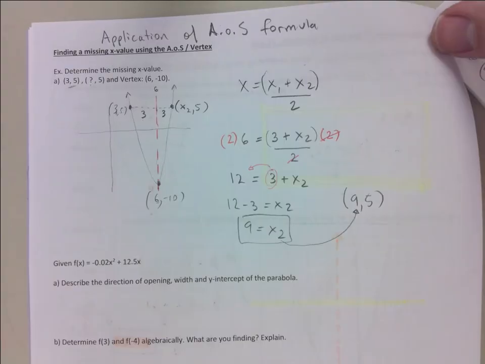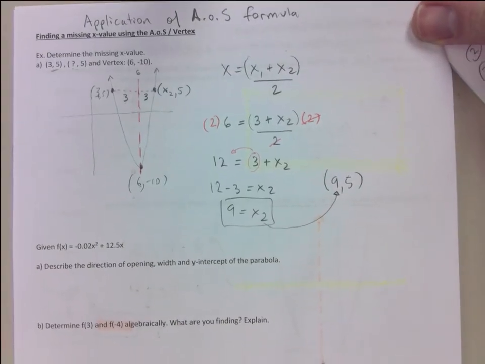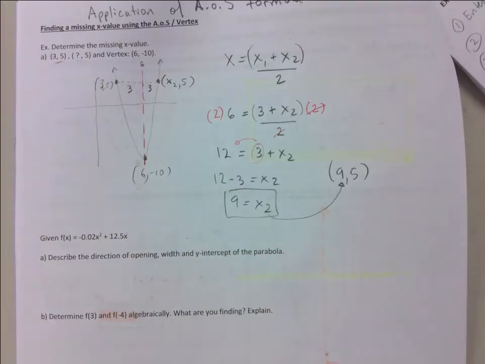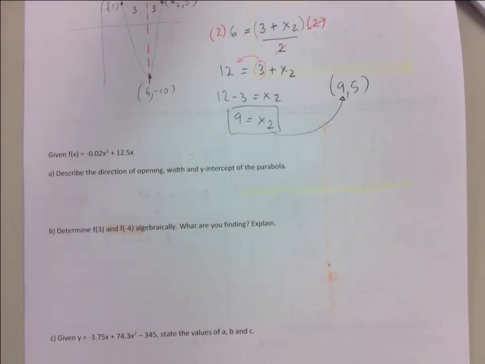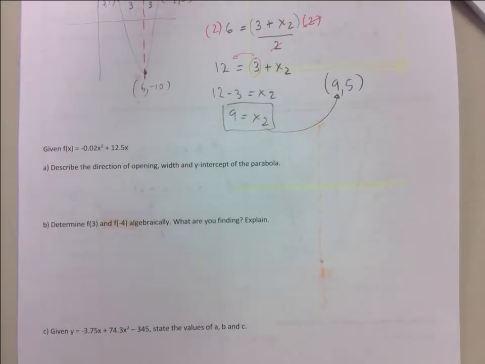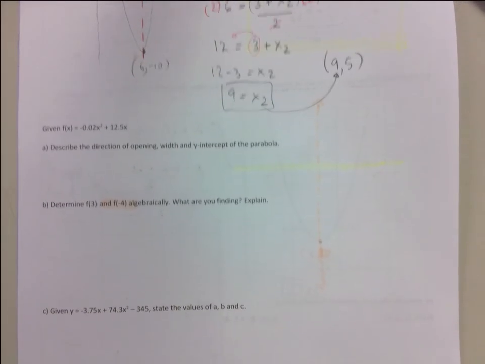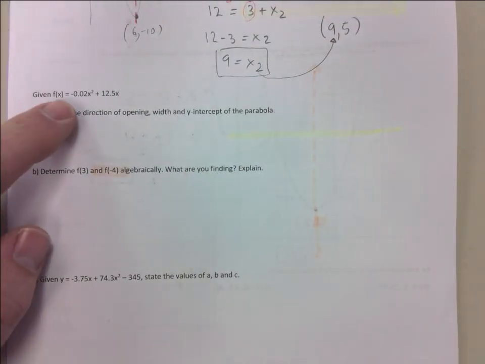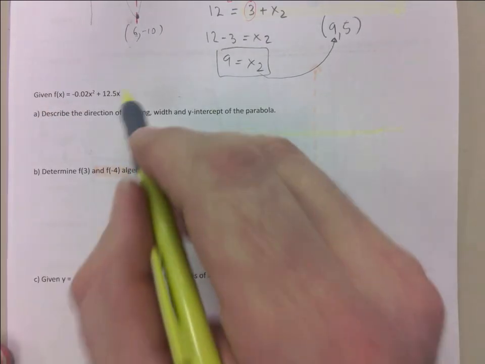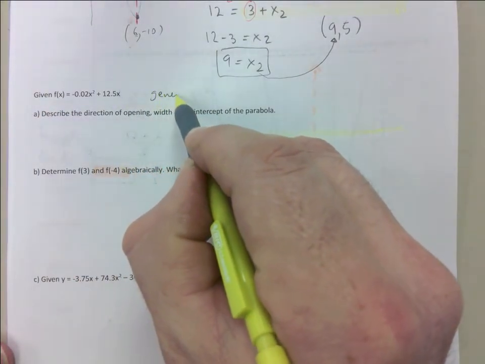Okay? Another one here. I'm bombarding you with, I call these little bits and pieces that you need to be aware of. Given f of x, that's in general form, by the way.